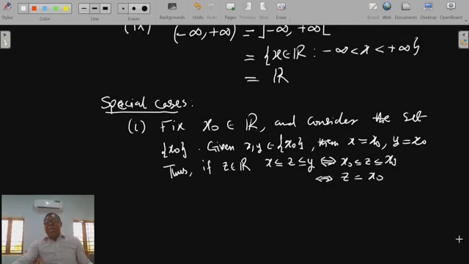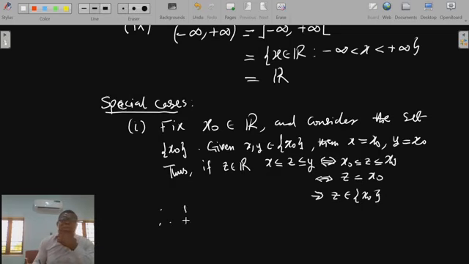So what does this mean? This means that if I take any two points x, y in the singleton x naught, then any z that lies between x and y will turn out to also be what? X naught. And this implies that z is in the singleton x naught. This means, therefore, that the singleton x naught is an interval.